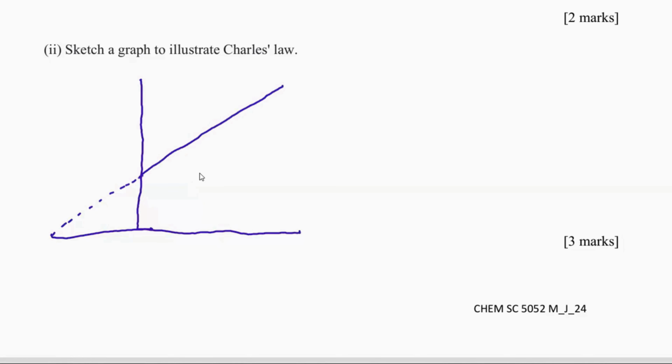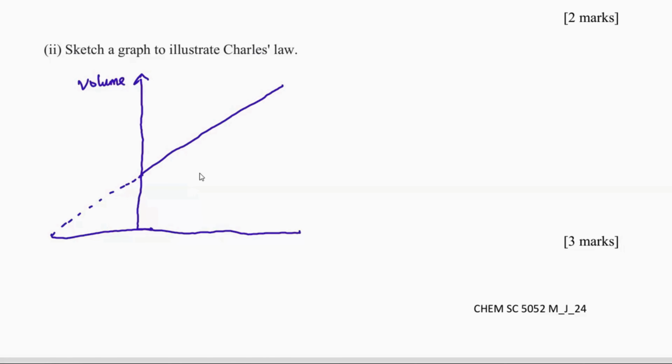The next question says, sketch a diagram to illustrate Charles' law. So we're going to have a sketched graph. This is our axis for volume.